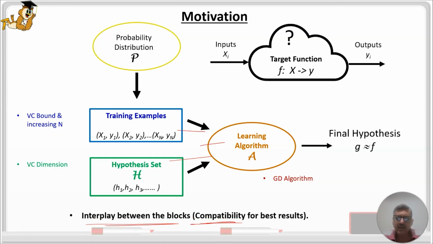And like I said, the primary reason for studying the bias variance theory in my mind is that it allows us to investigate the interplay between the blocks and evaluate how best they can work together, right? So that is the motivation for studying the bias variance theory, and that is the reason why this theory is so important.